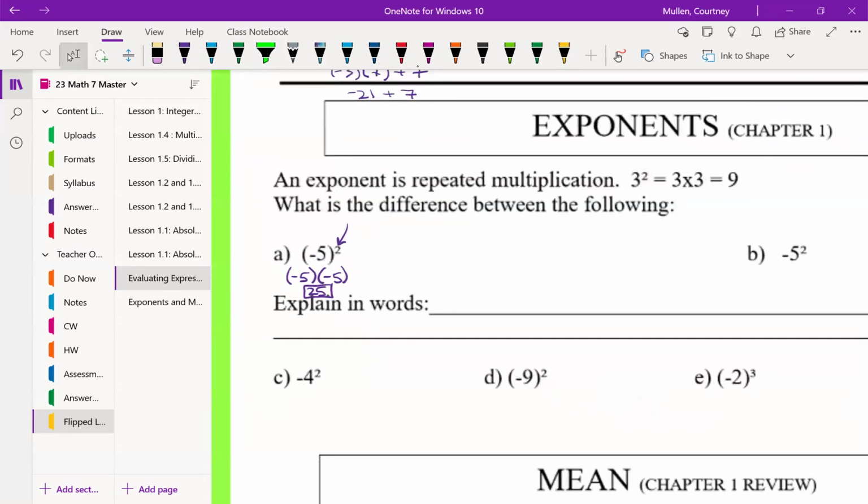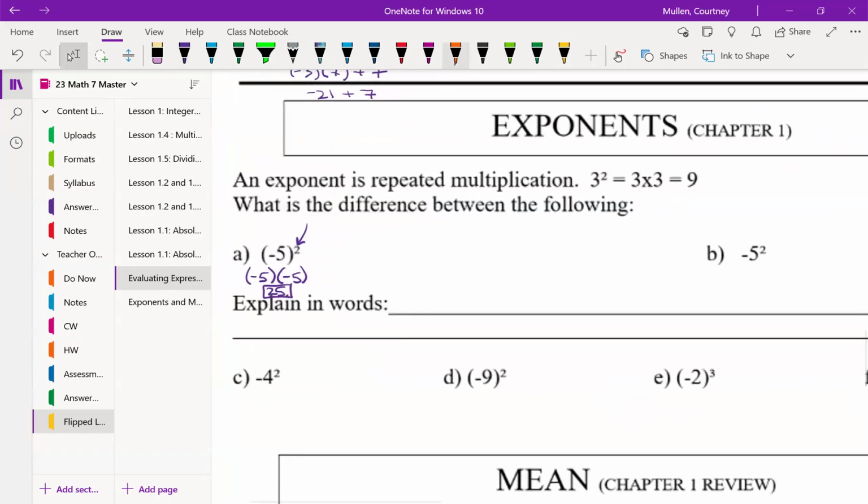However, when there's no parentheses, like you see in example B, the exponent is only on the number that it's touching. So again, in A, the exponent is squaring the negative sign and the 5. But on B, since there's no parentheses, that squared is only on the 5. So that means 5 times 5. And the question is, what is that negative sign?